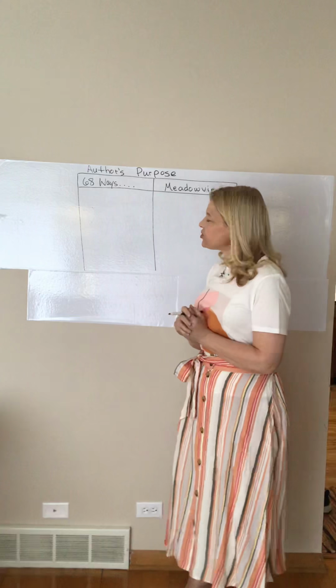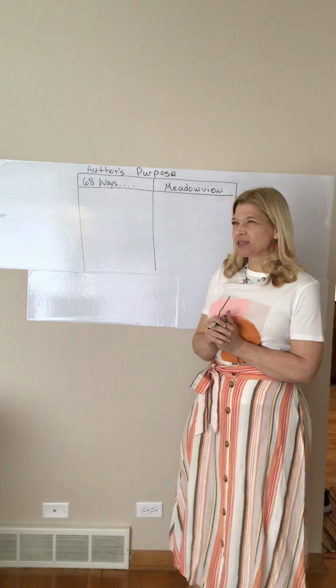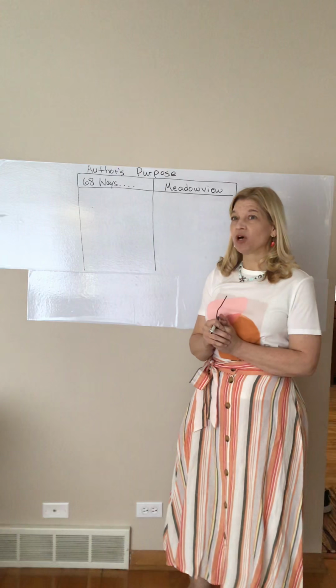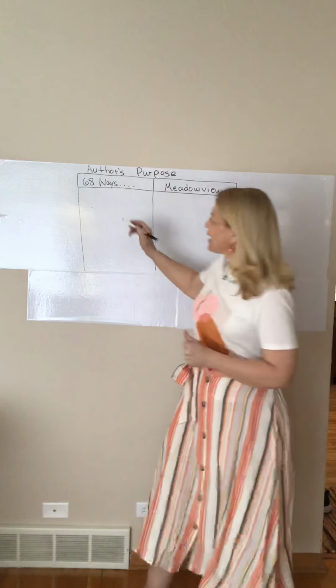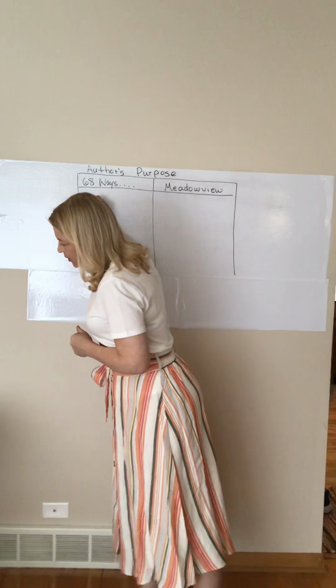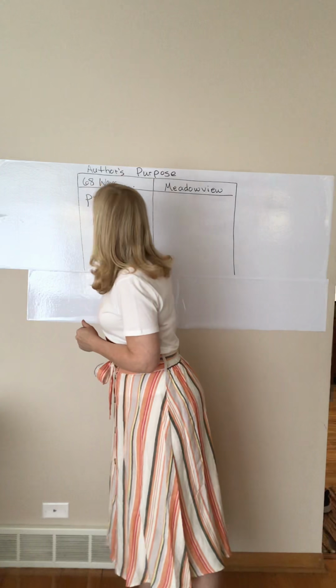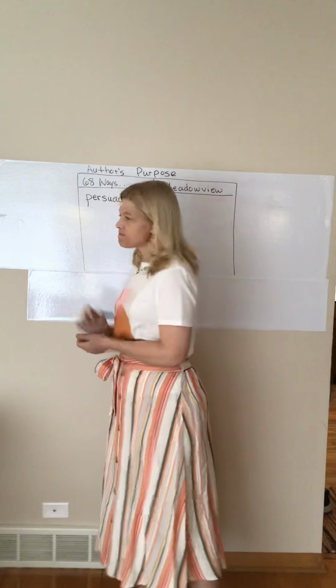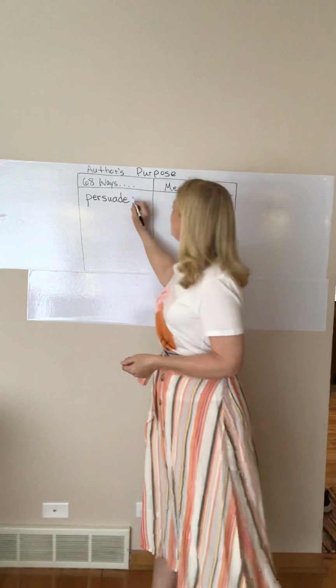So, first of all, 68 Ways. What was their purpose? Why did they write the book? Well, I think they wanted to persuade me. I'm pretty sure that that's what they were looking at, right? They wanted to persuade. And what did they want to persuade me to do? I think to save the planet.